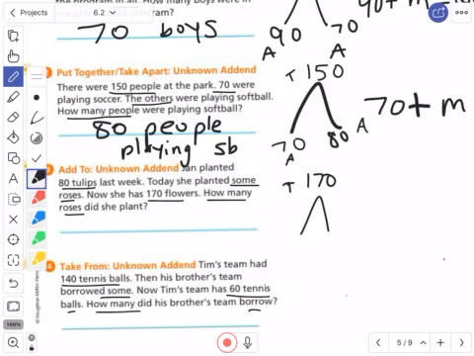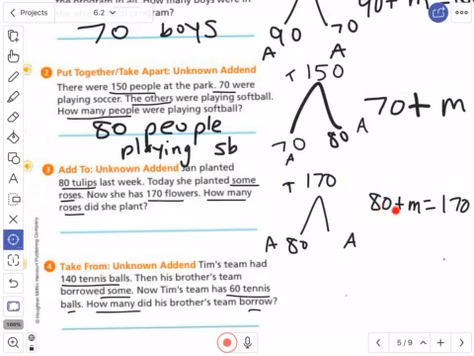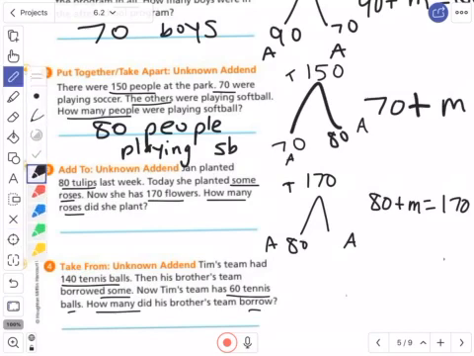She planted 80 tulips, and she planted some roses. So 80 tulips plus some roses equals 170. Well, I know that 8 plus 9 is 17, so that's going to be 90 then. 90 roses.